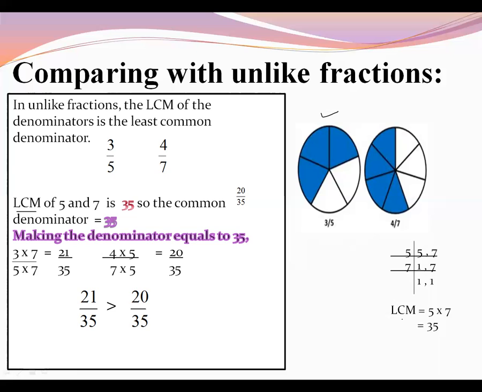It means least common multiple. But here we are dealing with numerators and denominators, so you are going to find the LCM of the denominators. So it will be known as LCD. LCD means least common denominator. LCM and LCD are both the same, so don't get confused. They both are the same.